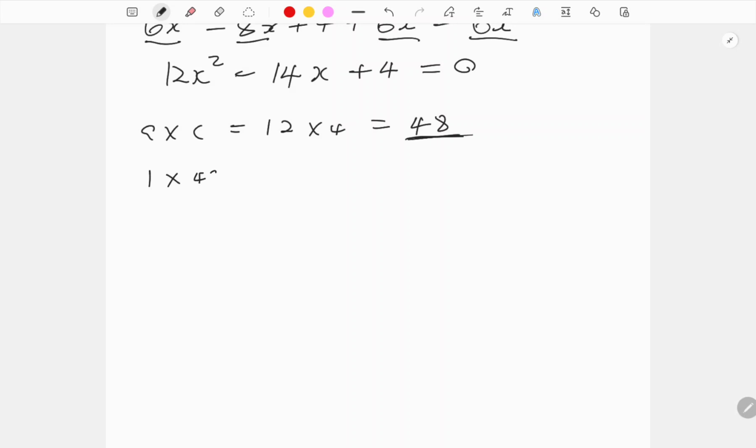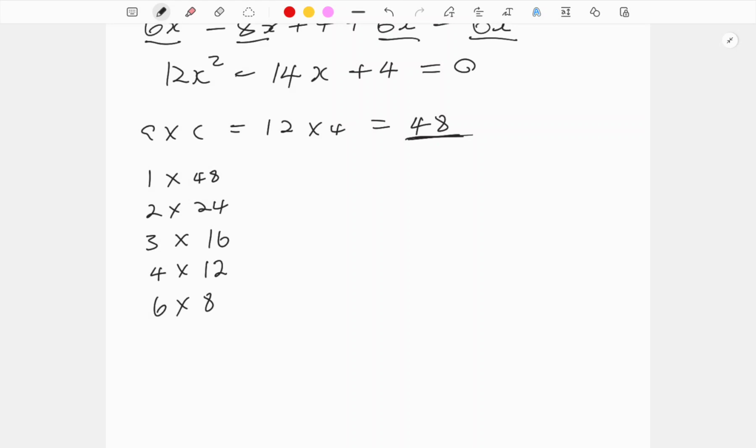It's 1 multiplied by 48, 2 multiplied by 24, 3 multiplied by 16, 4 multiplied by 12, and then 6 multiplied by 8, and then 9, nope. 10 we can't, 11 we can't, 12, I think we are going back.